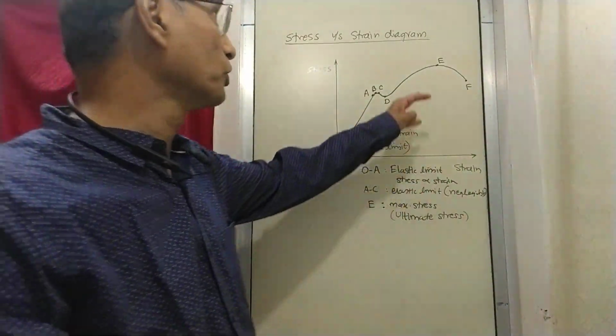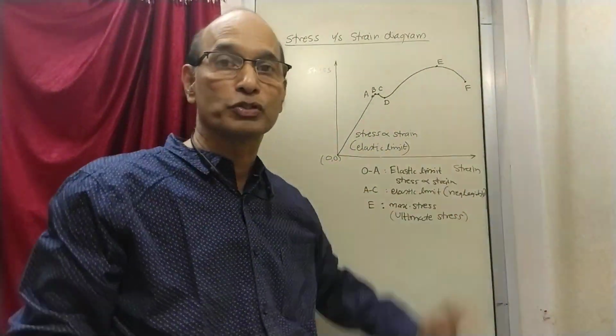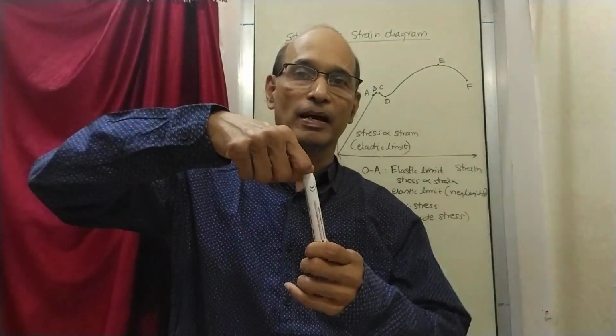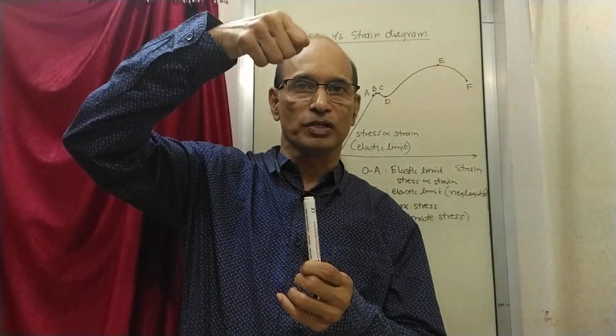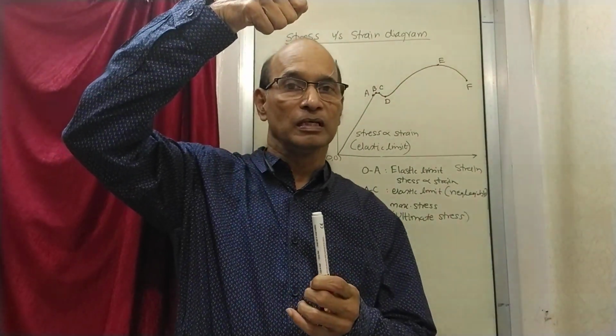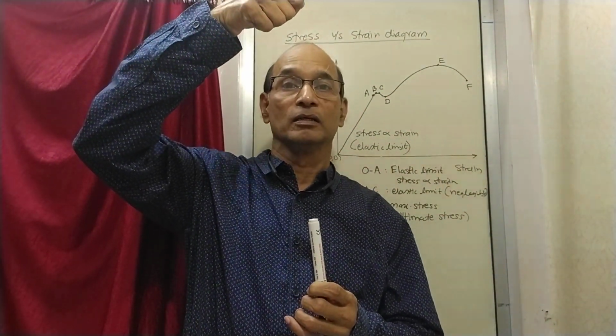That means the maximum stress you can apply is this. After this point, if you still apply stress, what will happen? In the same rubber band case, you go on stretching and stretching and stretching. Now you have gone to E. That means this is the maximum stress it has withstood.